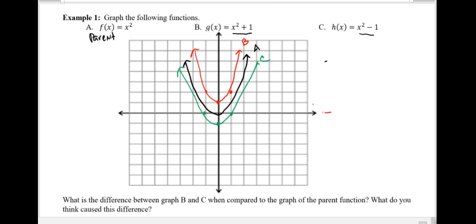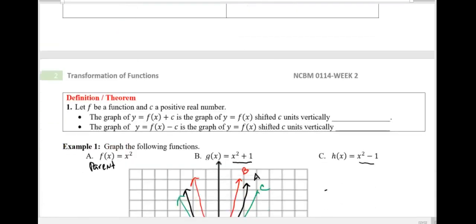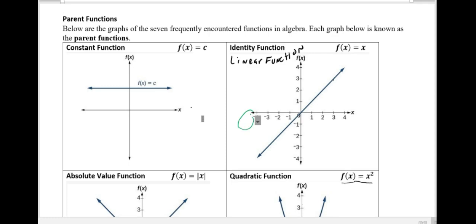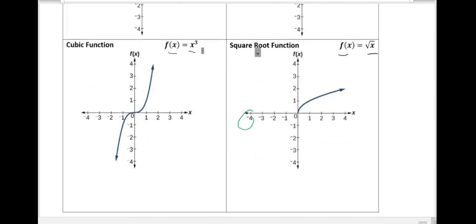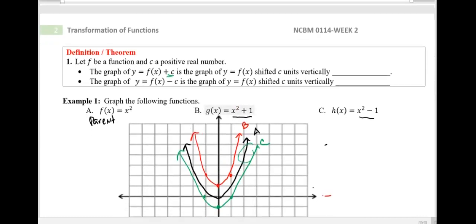Okay. So the idea now that we can think about is, in the definition here, it says y equals f of x plus c is the graph of y equals f of x shifted c units vertically. So when we added a number, the graph shifted upward, and it shifted up by that number 1 that we added.